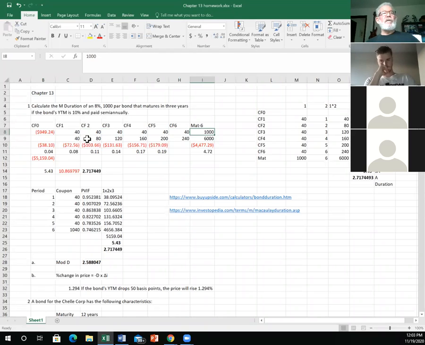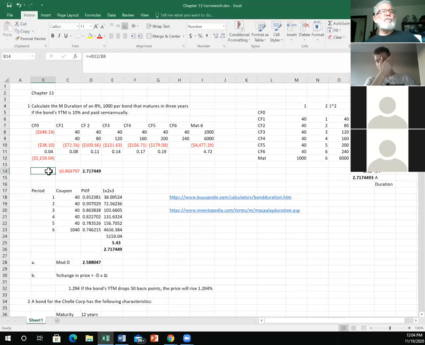So this is actually the cash flows I'm working with down here. And so here is the present value of this one, present value of this one using 5% as the discount rate. Find the present values, and then you add them all up. And you divide by the current price, which is right here.